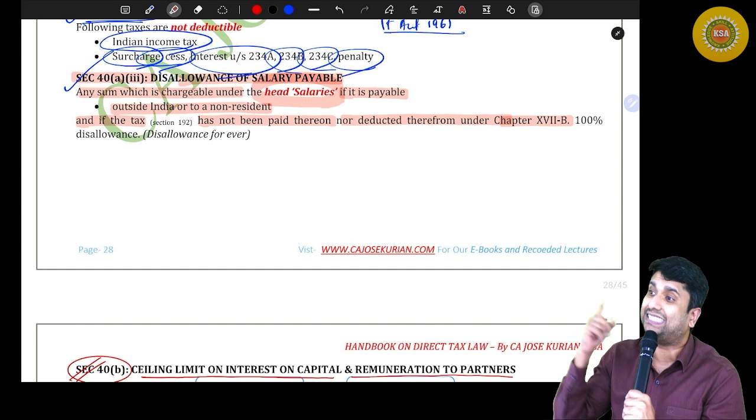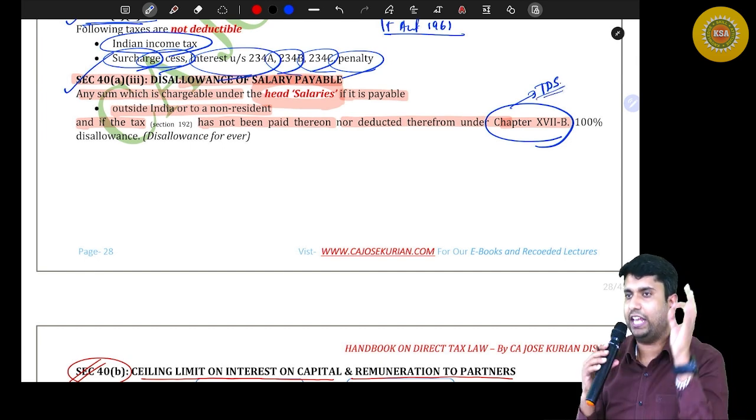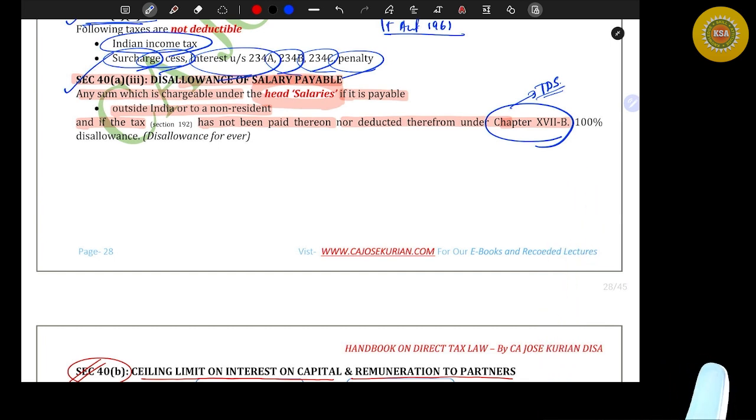Chapter 17B is the TDS chapter. Simply, if you make a salary payment to an NR employee and either haven't deducted the TDS, or have deducted it but haven't remitted it to the credit of the central government, how much will be the disallowance? The full 100% will be disallowed, but there is one difference: it is a disallowance forever. Once there is a default, the disallowance will come.